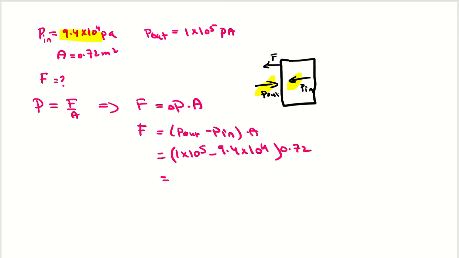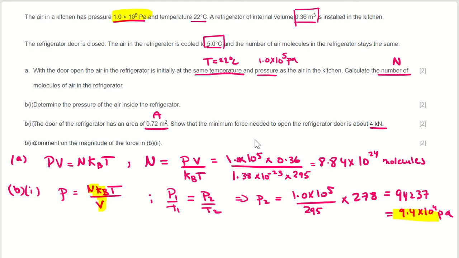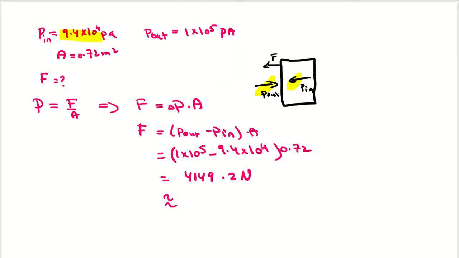And the answer is going to be 4149.2 Newton. Let me check. He said to prove that it's 4 kilonewton, is it? Yes, it is. So it's approximately 4 kilonewton.